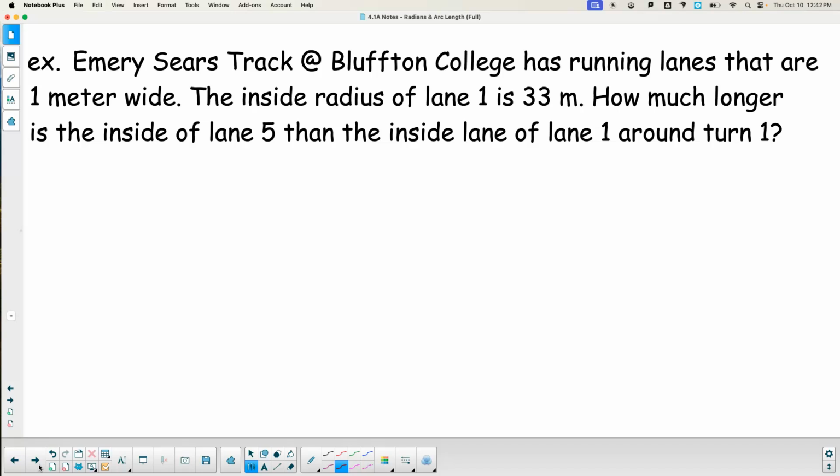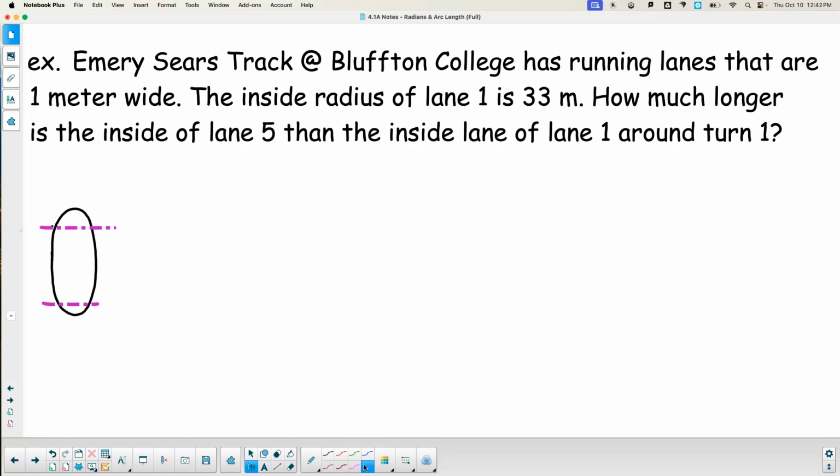Okay, let me give you a little breakdown of what a track looks like for those of you that might not know. Okay? A track looks like that. There are 2 turns in a track. So there's a turn right there, that's a circle. And then there's a turn right down here, that's a circle also.